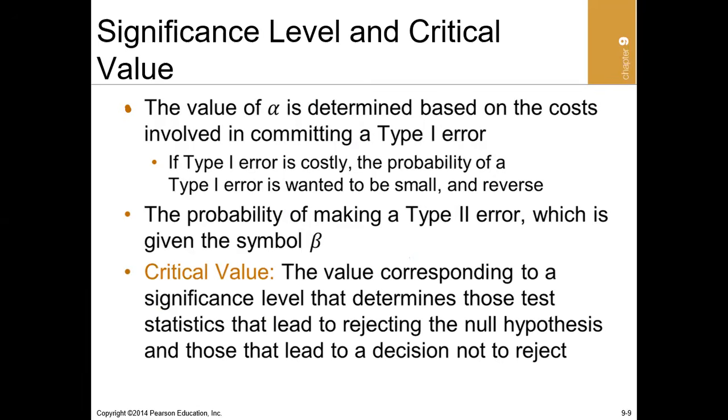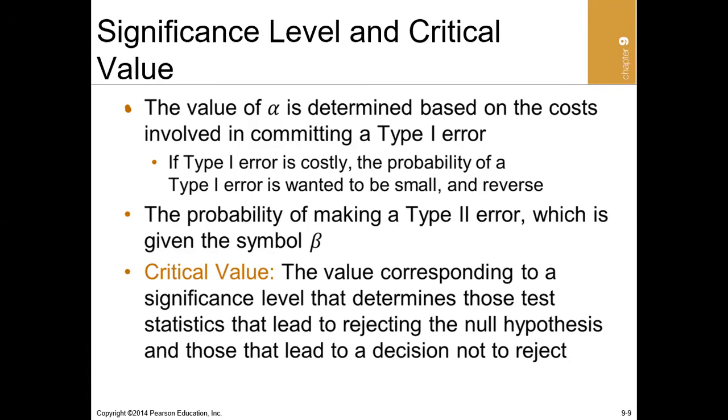For instance, if I believe that committing an error will really cost me, then my significance level should be something like 1%. That means I am 99% sure of my hypothesis testing. So the higher the cost of committing the error, the smaller your alpha level must be.